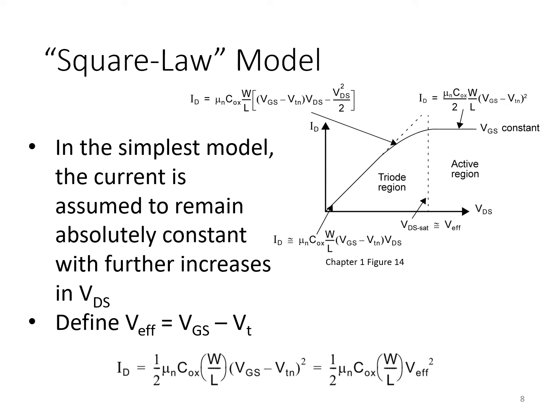I'll next remind you of some of the expressions that relate the channel current to the terminal voltages in a MOSFET, again using an NMOS transistor as our prototype. Here's the expression that governs the voltage-current relationships while the transistor is in the linear, or so-called triode, region.